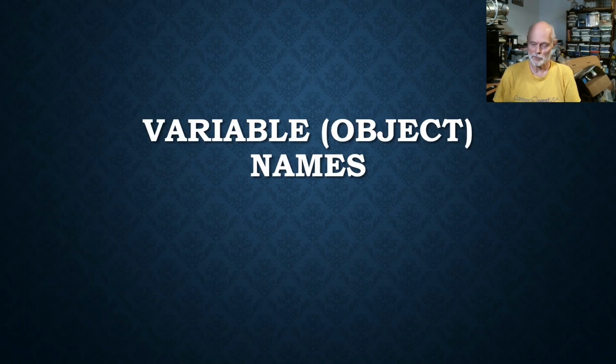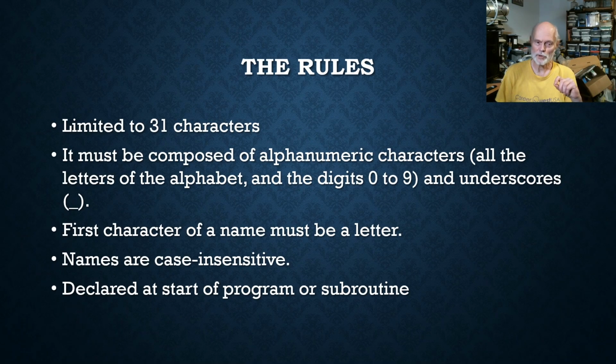Now, how do we name those variables? We saw we had that long val when we looked at the integers. Whenever we've got data we want to store, we store it, and we have a variable that basically is the name we're assigning to it. Names are limited to 31 characters, alphanumeric, A through Z, 0 through 9, plus the underline.